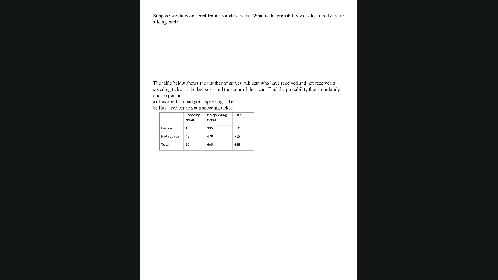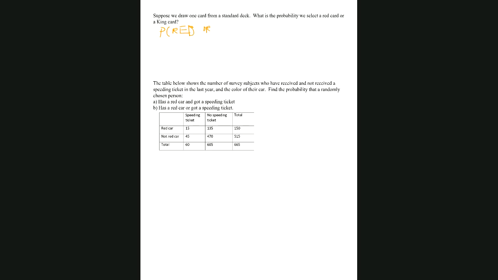All right, let's look at, I guess, a couple more examples. So suppose we draw one card from a standard deck. What is the probability we select a red card or a king card? So I want to know the probability that I select a red card or king.